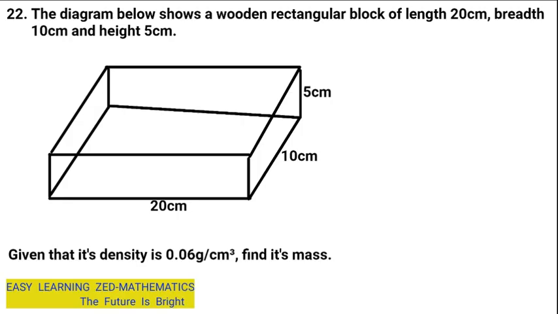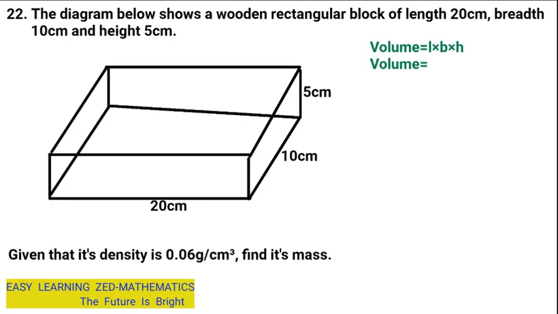To find the volume of any regular object, we use the formula volume is equal to length multiplied by breadth multiplied by height. We're going to write volume is equal to, what is the length? If we go to the statement, you find that the length is 20 centimeter.